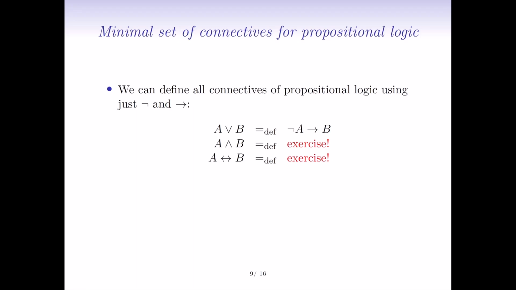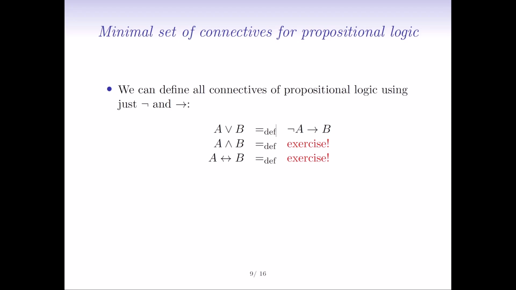In particular, if we have only proposition letters, negation, and implication, then we can define all the other connectives. When I write this symbol here, I mean equal by definition. So it's a definitional equality symbol. And so rather than having disjunction, for example, as a connective in the logic, I can just say the formula A or B is really just an abbreviation for the formula not A implies B.